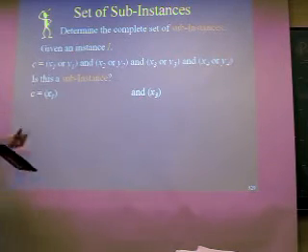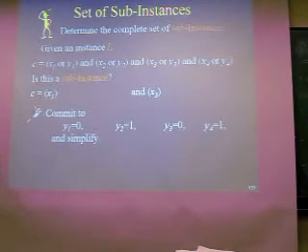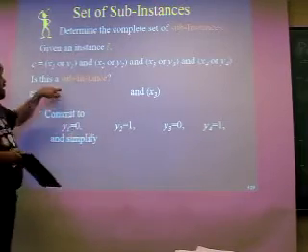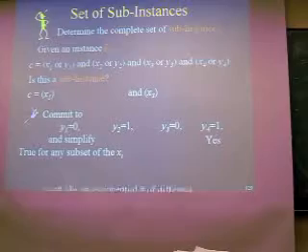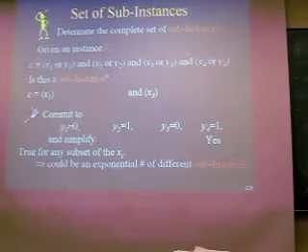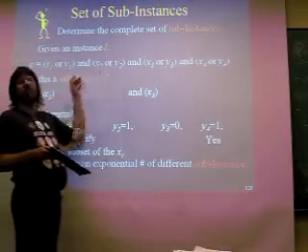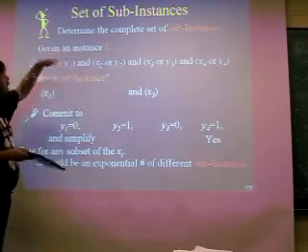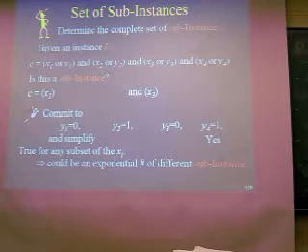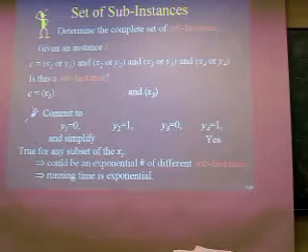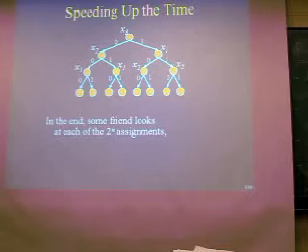Might this subinstance arise? It can if you commit to these things. But in general, you get an exponential number, depending on what you set and how you branch. Every little subinstance is going to be unique. Every friend is going to get a completely unique subinstance. So the running time is exponential.